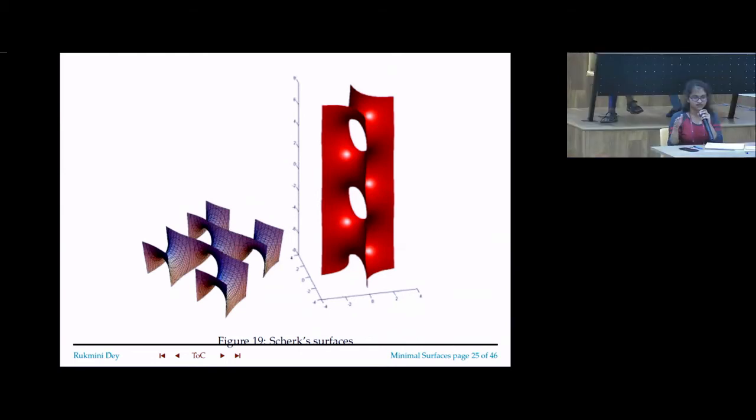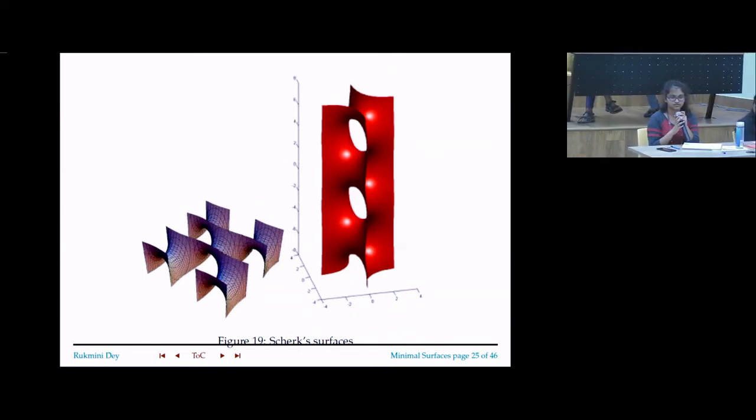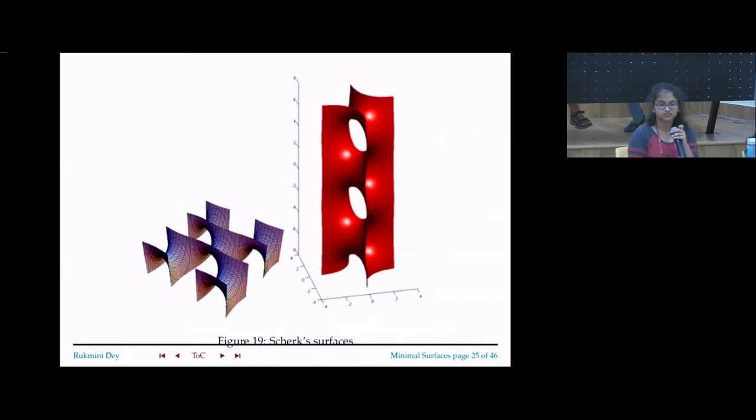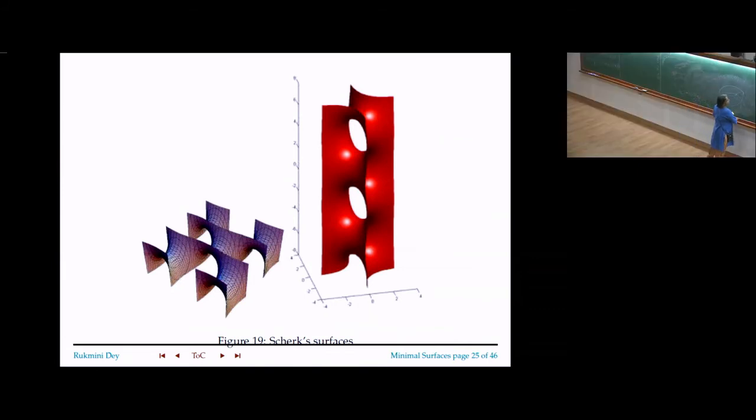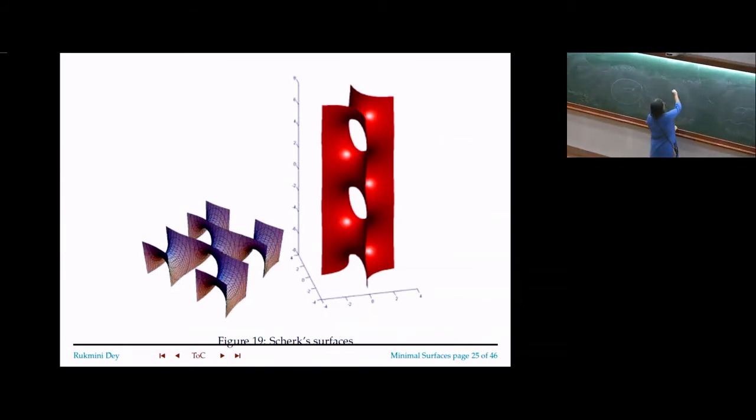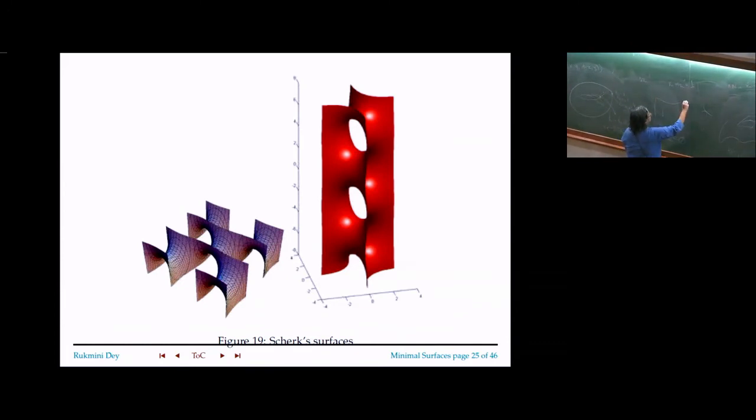Ma'am, maybe I missed it, what is the condition for minimal surfaces? Yeah, for example, if you have a saddle, obviously K1 is not equal to minus K2, right?